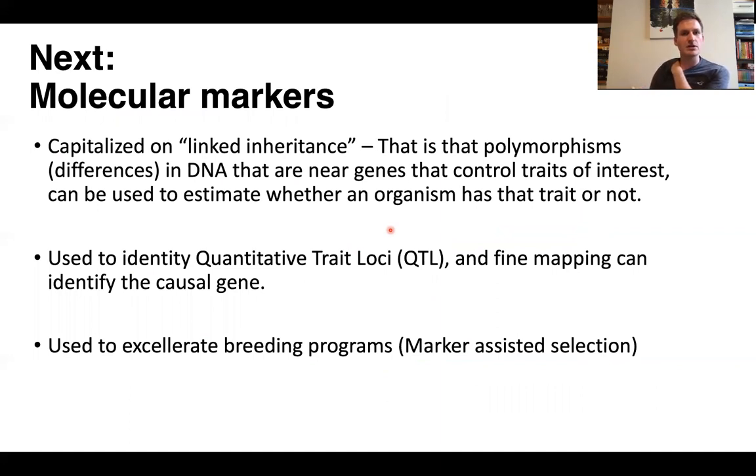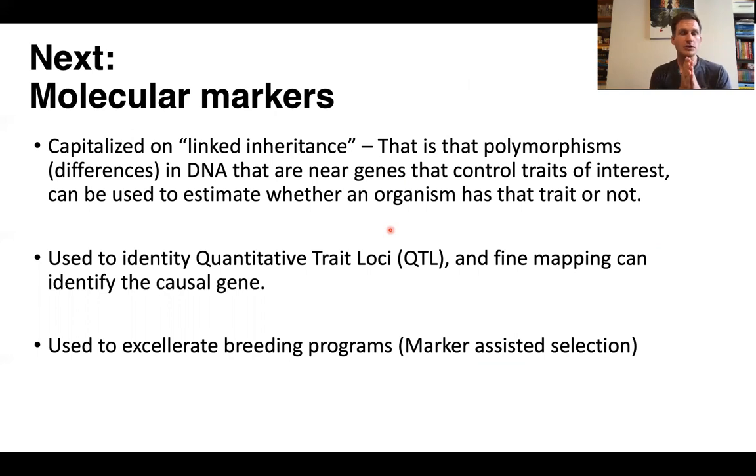Molecular markers are capitalizing on this concept of linked inheritance. And that means that in DNA, there are genes, there are sequences that really do change the trait. They make the high yield, they make disease resistance, they change the size of the fruit, the taste, you name it.